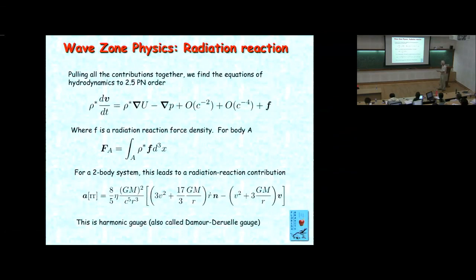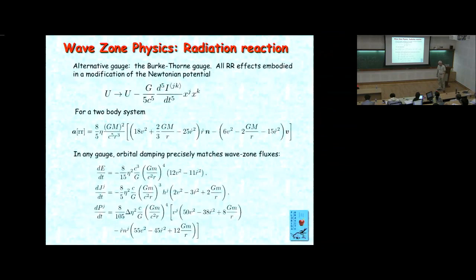This was done in our harmonic gauge, and so this has a specific form, but remember, the coordinates are not unique. We could change coordinates if we wish. This particular formula is also sometimes called Damour-Deruelle gauge, after Thibault Damour and Nathalie Deruelle, who first worked out this formula for the radiation reaction in a two-body system.